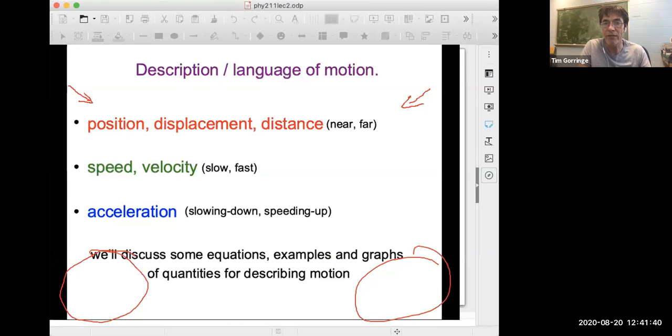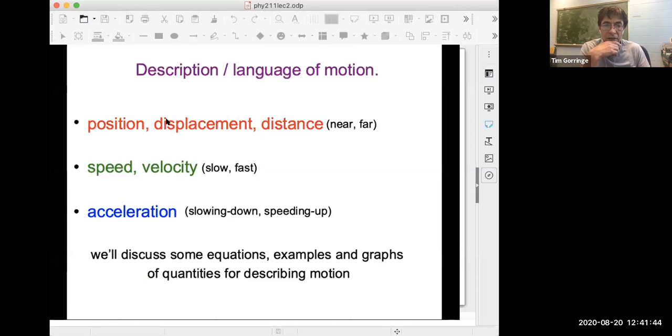Okay, this needs to be cleared. So today's class, I really want to get through this language of motion, this description of motion. We're going to talk about position, displacement, and distance. That's how we describe how close or far something is. We're going to talk about speed and velocity. That's how we talk about how slow or fast something is. And finally, acceleration, which describes whether something's speeding up or slowing down.